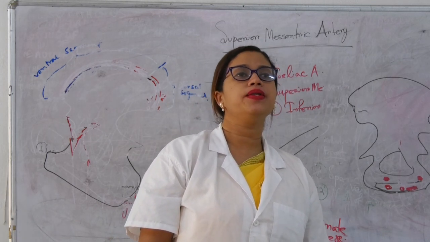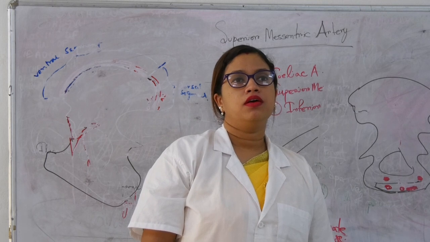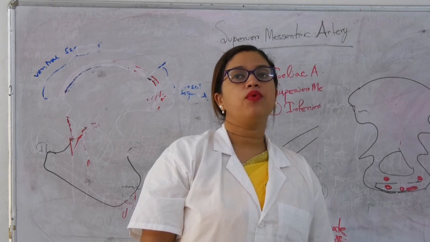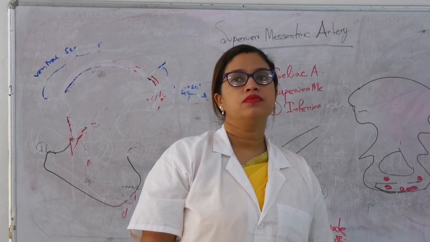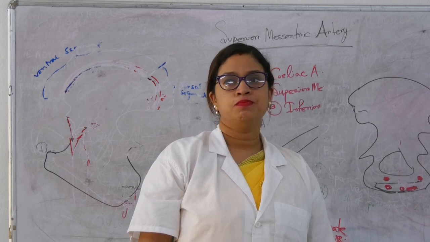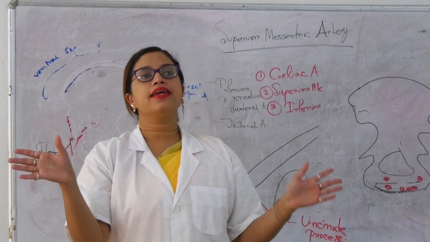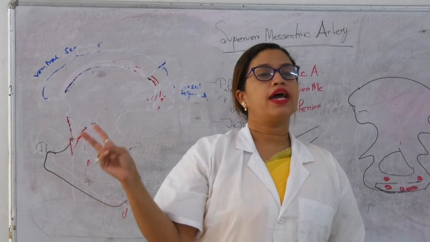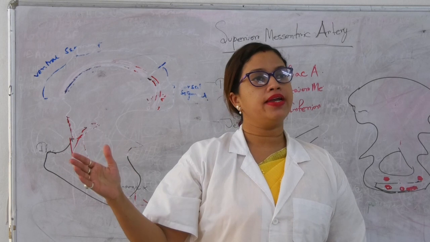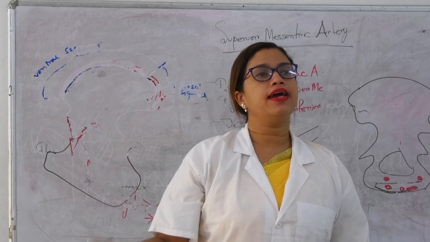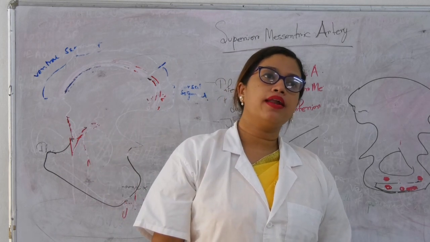What about the lateral ones? There are 2 renal arteries, left and right, 2 suprarenal arteries, and 2 gonadal arteries.